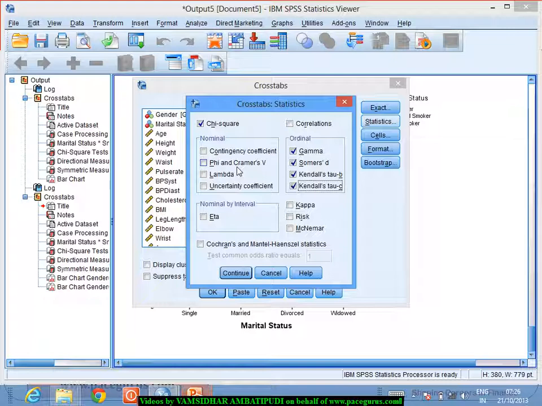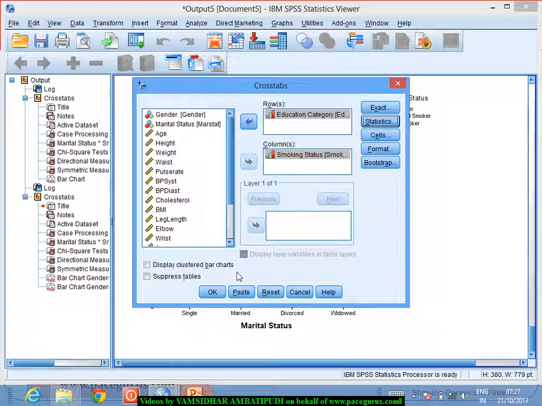These measures are the gamma, the Somers' d, Kendall's tau-b, and Kendall's tau-c. All these formulas help us in determining the strength of the relationship, if at all it exists, between the two variables, and the directional measure also says whether x is dependent on y or y is dependent on x. Okay, I'll go ahead with this analysis.